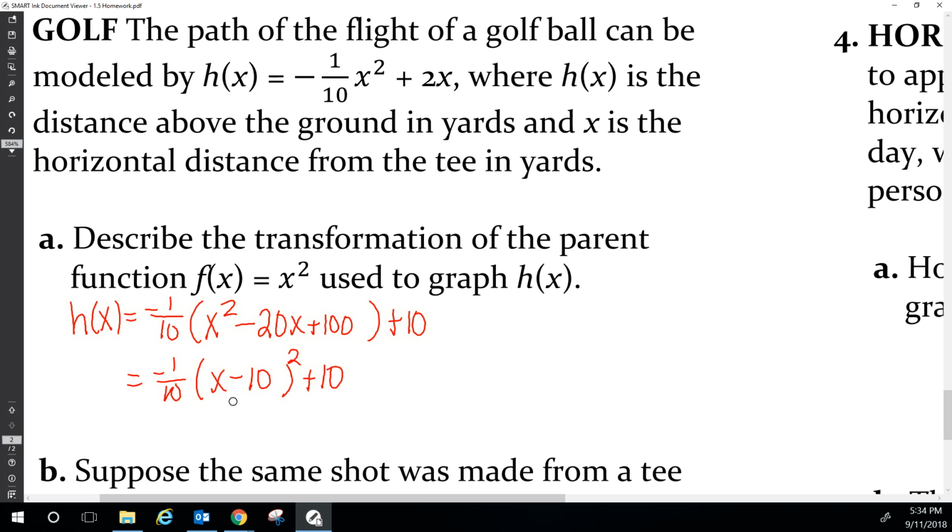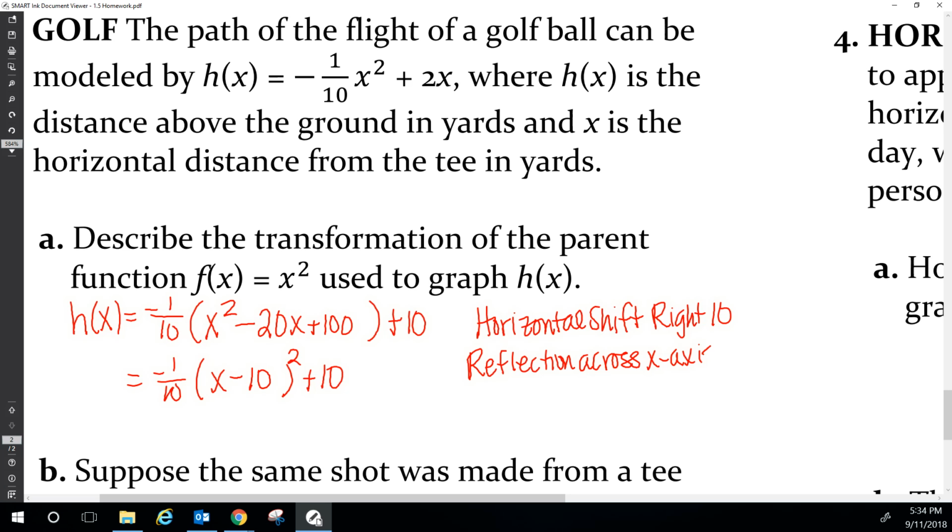First of all, I went not to the left like it says. I have a horizontal shift, right 10. I have a reflection, that's what that negative sign does, reflection across the x. Then I've got 1/10, it's outside of my parentheses, so that's vertical.